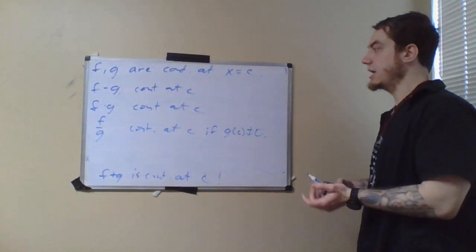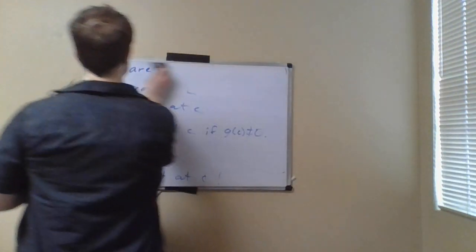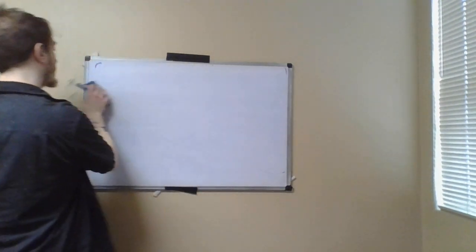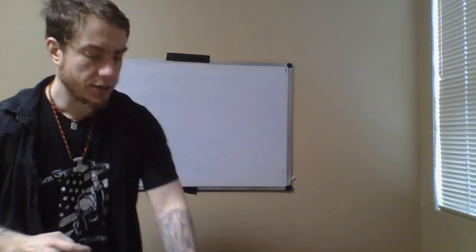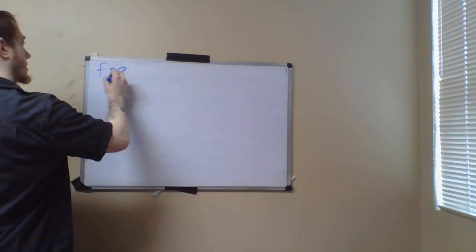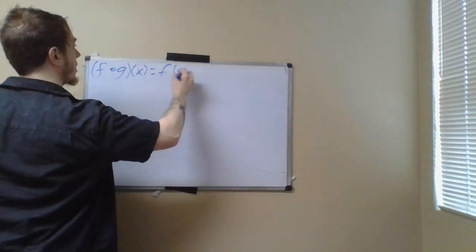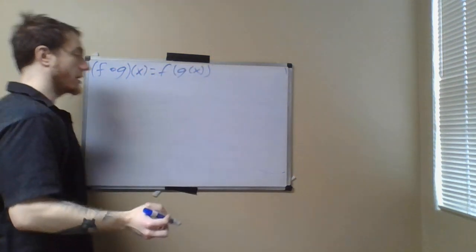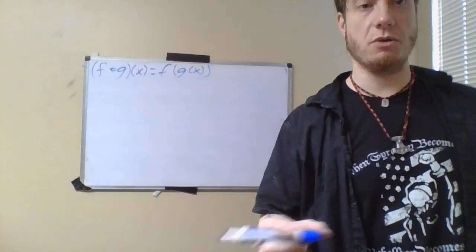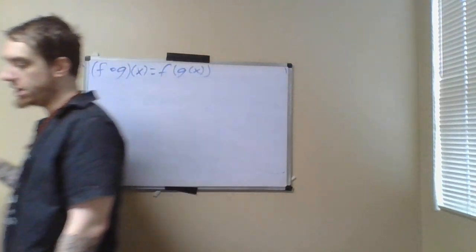Now, there's one more question here that we want to answer, and that is what happens with continuity under function composition. So what if I do f composed with g? Remember, f composed with g of x, this is f of g of x. Go back and review the stuff we talked about in week 1 about functions if you're having trouble remembering about composition.